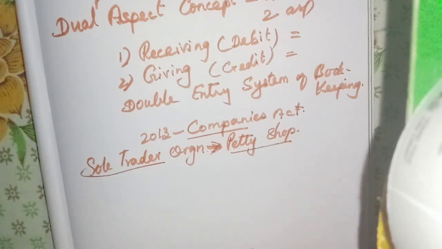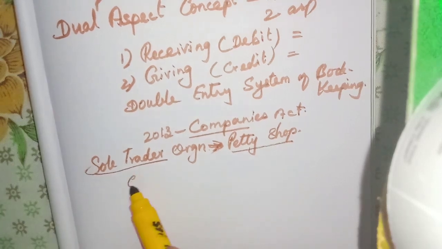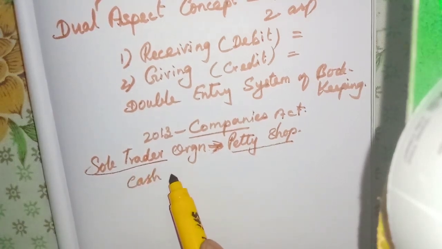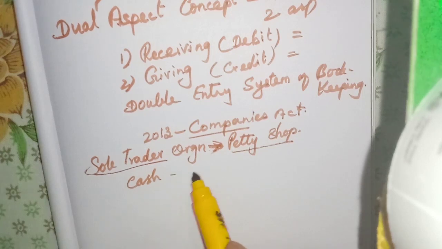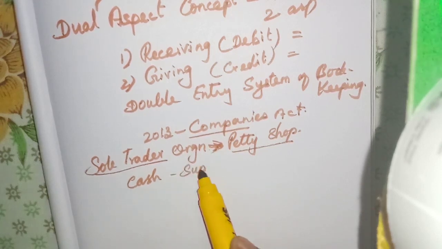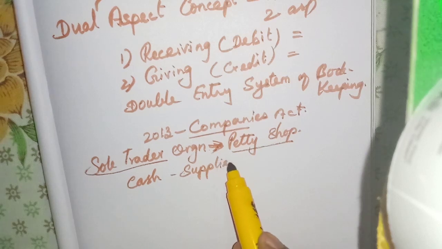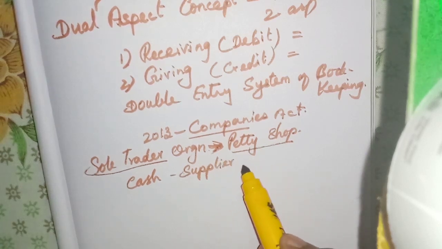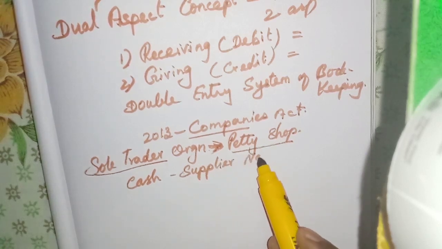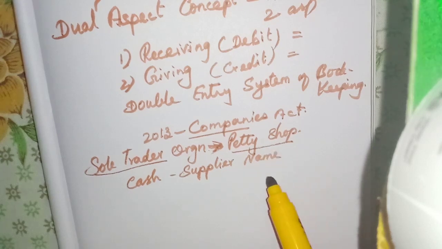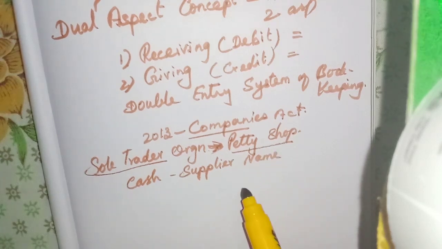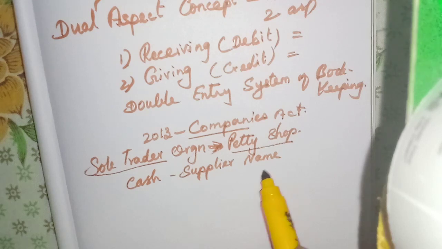When he purchases, he will pay cash, and if he does not pay cash, he will write the supplier's name, and the corresponding amount that has to be given to him will also be written against his name, isn't it?